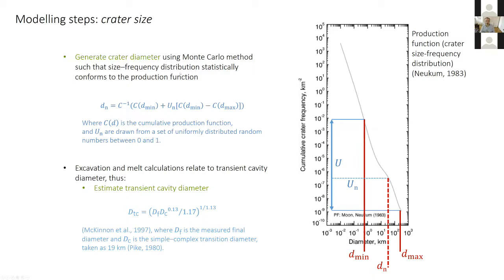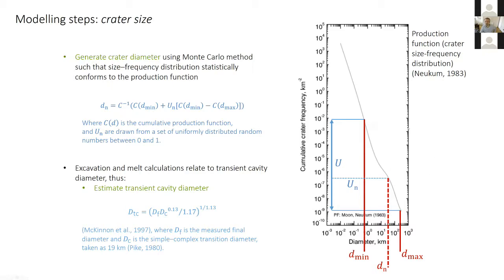So the Monte Carlo method generates the crater diameter for each impact. The way that the Monte Carlo method works is that you generate a random number with a uniform distribution, and you want to map that uniform random number onto an actual crater diameter.